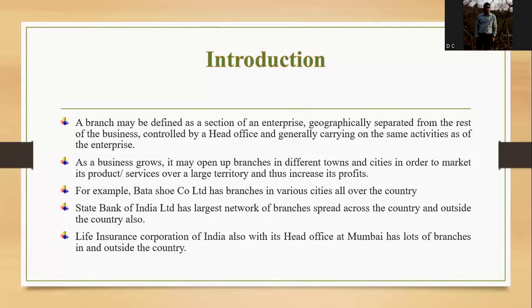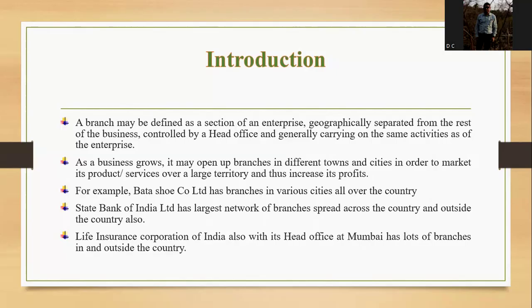Introduction part. A branch may be defined as a section of an enterprise, geographically separated from the rest of the business, controlled by a head office and generally carrying on the same activities as the enterprise. Branch is a section of the enterprise.